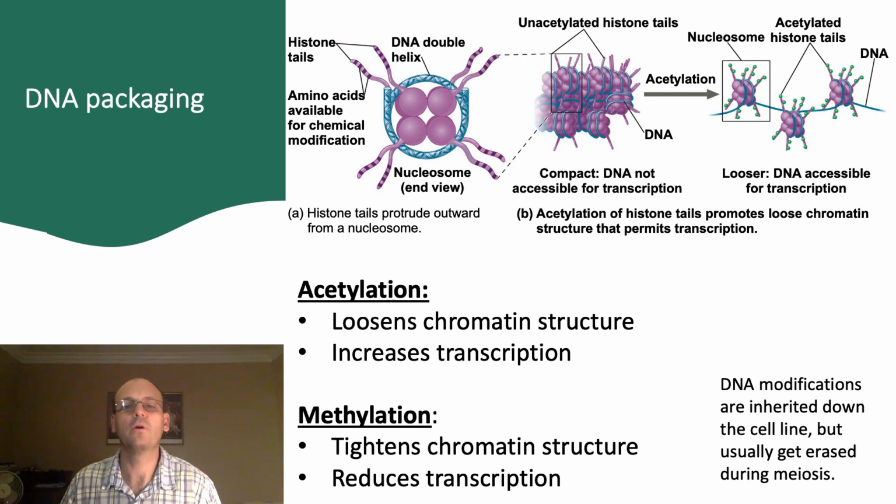One of the most important determinants of how a gene is transcribed is how it's packaged. In the nucleus of the cell, the DNA is packaged by wrapping around proteins called histones. In fact, the DNA wraps around groups of 8 histone proteins that are collectively known as a nucleosome.